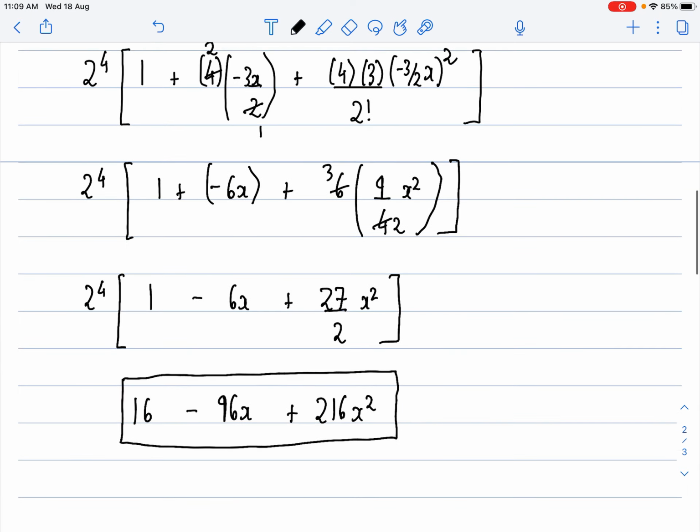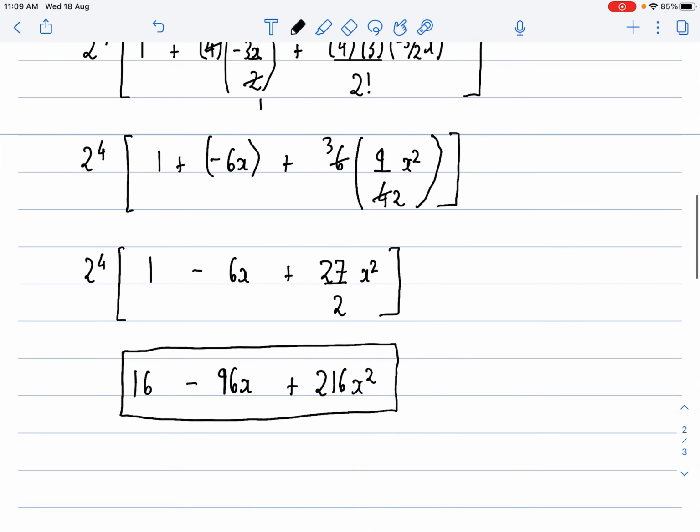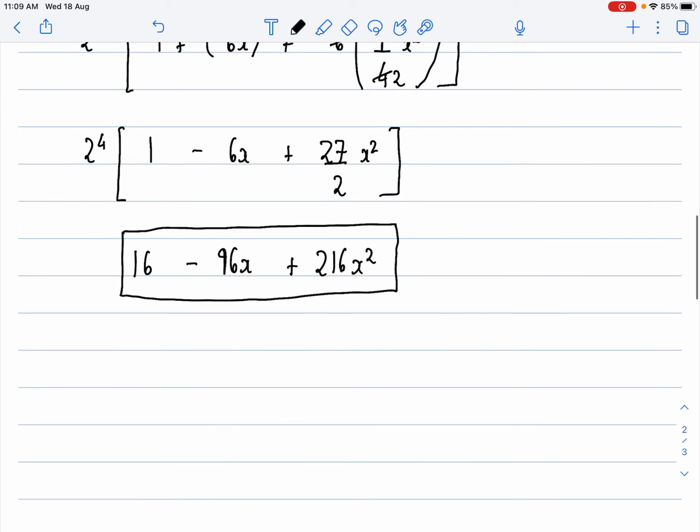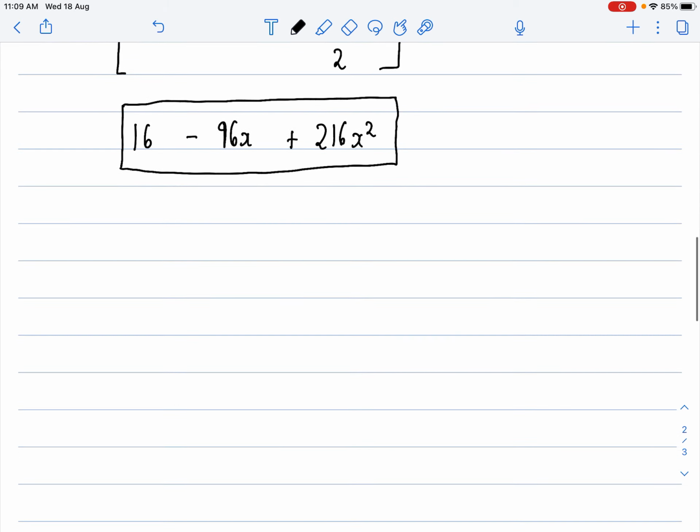One important thing you need to know about this topic or this concept is that this is very prone to silly mistakes. Okay, so you need to be very alert while solving it. So what we can do is we can do another example.